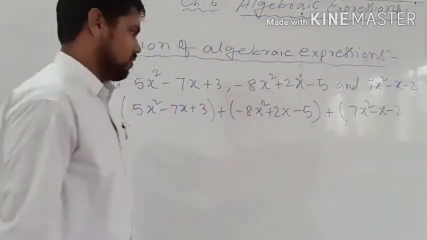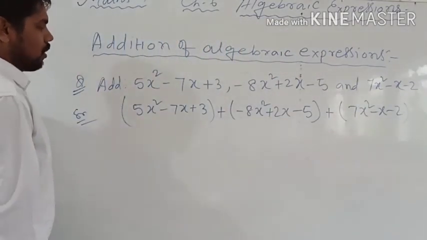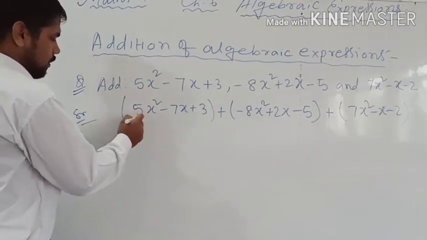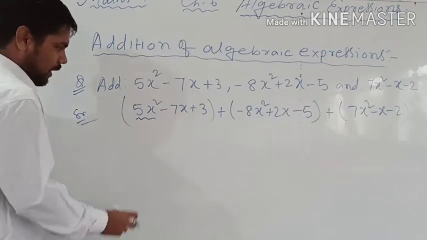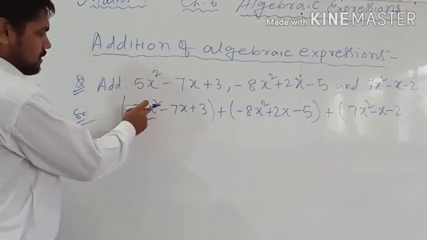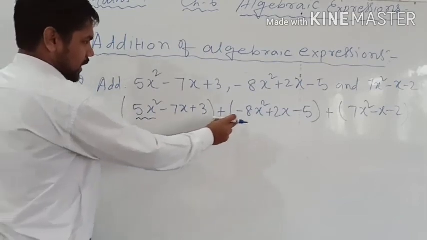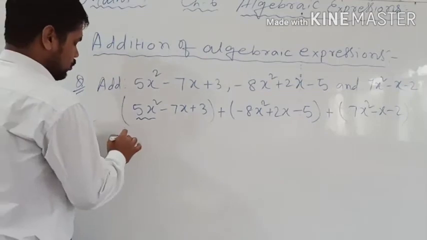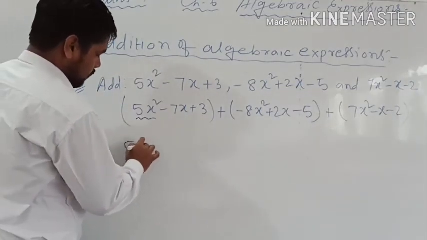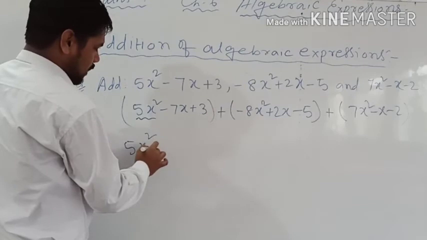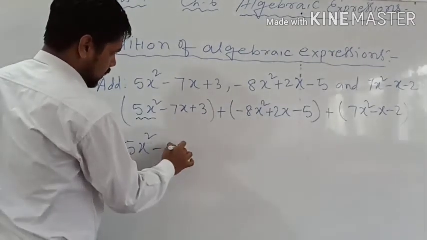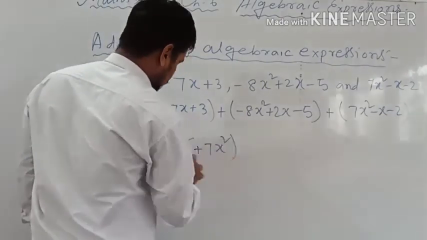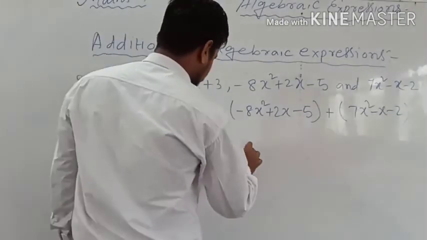First, we will add together the terms that are alike. Here we have 5x square, 8x square and 7x square. So first we write all those together: 5x square, minus 8x square, and plus 7x square.